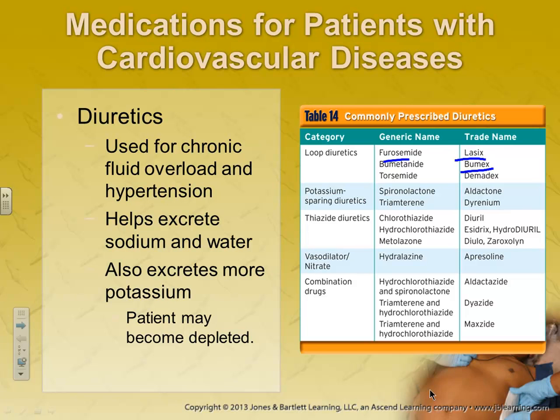Why would that be a problem for a cardiac patient? Yeah, because you need potassium. It is a primary electrolyte for depolarization. Isn't it cool how you know that now? I think it's so cool. I ain't kidding. So patients that are on loop diuretics, and even some of these others, they may also be on potassium supplements as well.